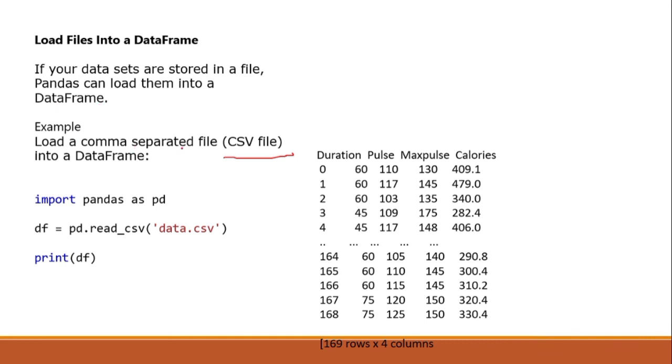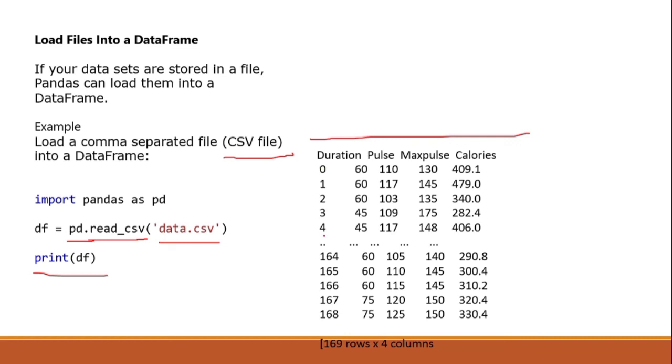If you want to load a comma separated file into a data frame, you must have this data.csv file, and then you can insert it using pd.read_csv. Look, this is the function, read_csv. So in pd.read_csv you can say data.csv and print df. Your data will be given in the form of a data frame.